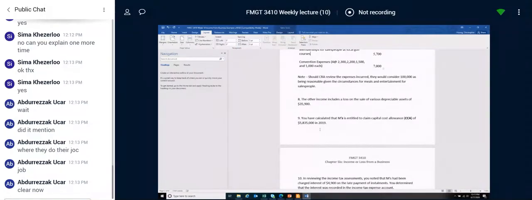Now the question becomes, what paragraph of 39.1 applies or does not apply? So 39.1(b) defines what is a capital loss.